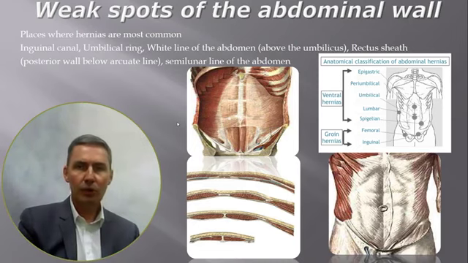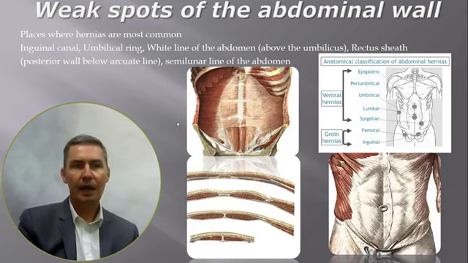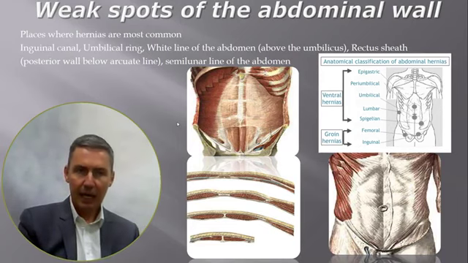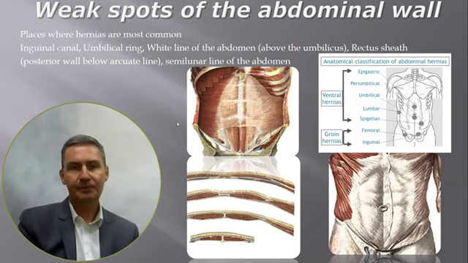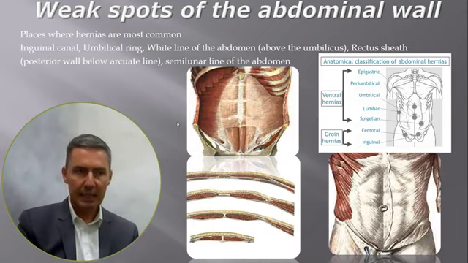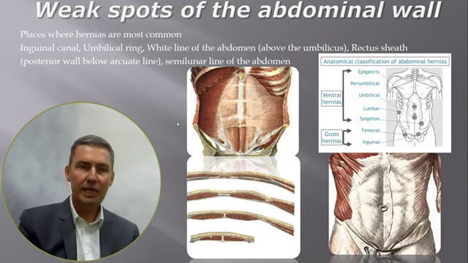These weak spots of the abdominal wall are represented by the inguinal canal and by the umbilical ring. It is the white line of the abdomen above the umbilicus. It is the linea alba. Also the rectus sheath, its posterior wall below the arcuate line, and also the semilunar line.